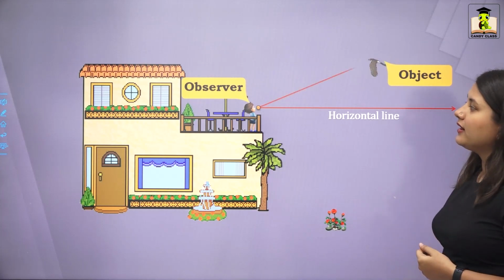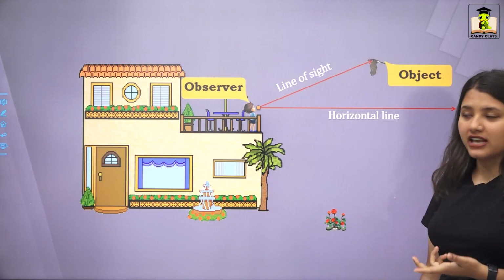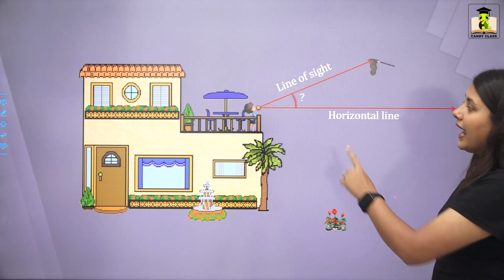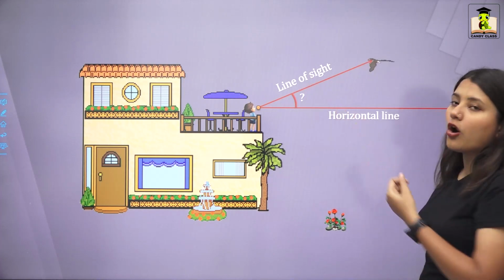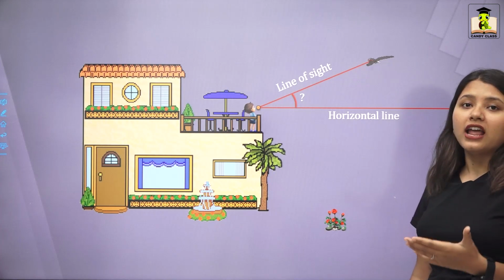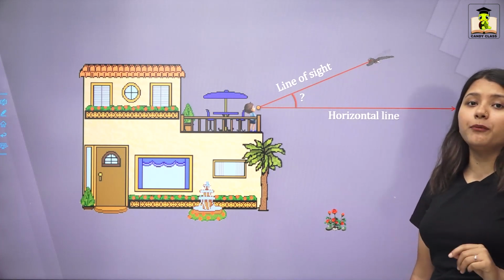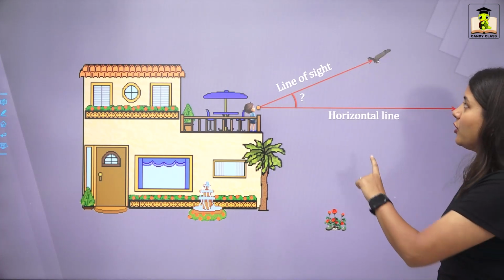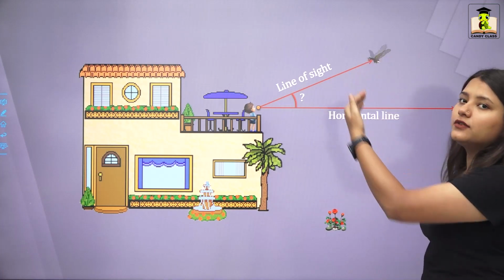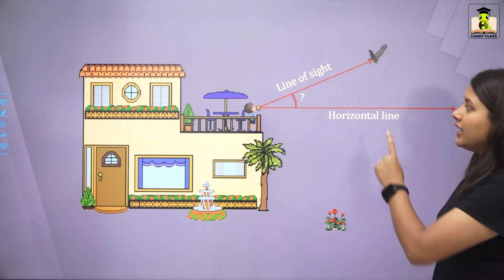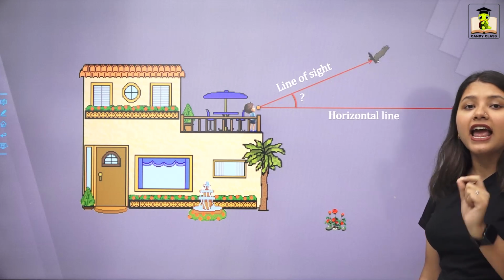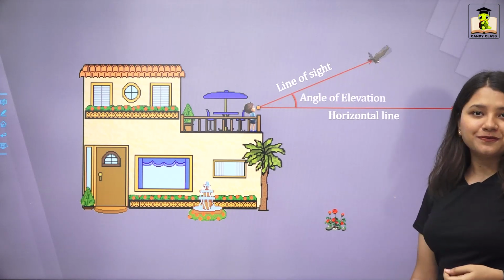And the line between them is known as line of sight. And the angle between the line of sight and the horizontal line is known as what? Angle of elevation or angle of depression? In this case, we know that the object is above the horizontal line. So, this angle is the angle of elevation.